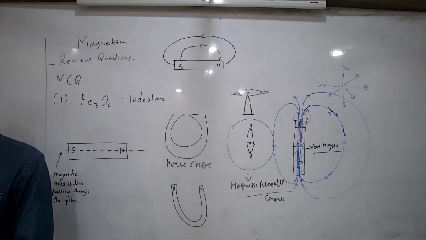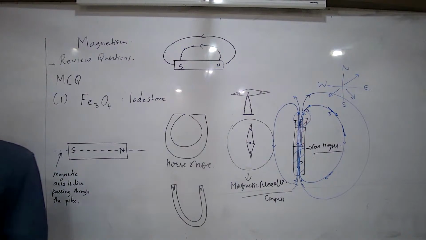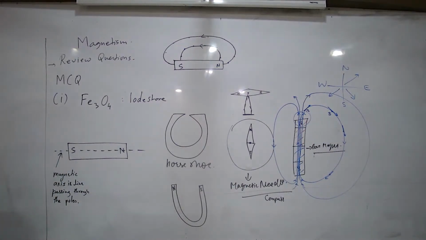So how will you identify it? Because at the neutral point, the magnetic compass will show random direction. It may rotate fully also, and may settle down anywhere.